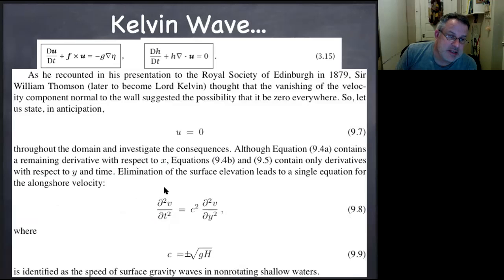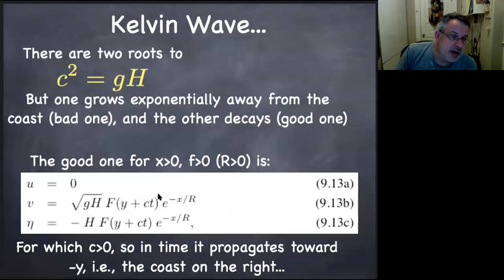So even though this looks like a two-direction gravity wave, when we're getting more careful, after we've thrown away a spurious solution, we find that there's only one direction the Kelvin wave can propagate, which is towards minus y in time in this case. And then there is this exponential decay in the x direction with a mystery factor called r, which is the Rossby deformation radius.